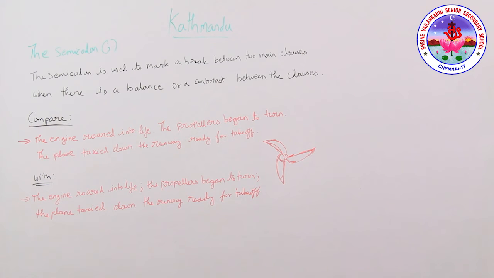You cannot add a comma after these sentences, because they are the continuation of how the plane taxied down the runway. Instead of a comma, you will add a semicolon. That's why I've said a semicolon is used to mark a break between two main clauses where there is a balance or a contrast between the clauses.